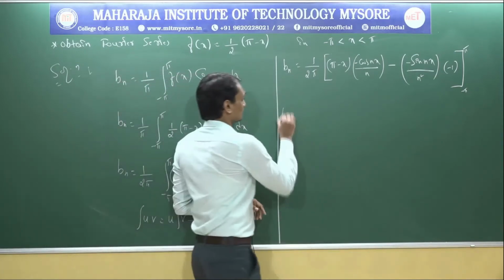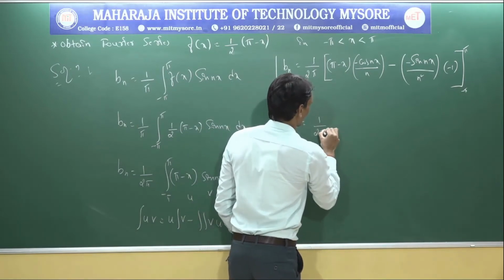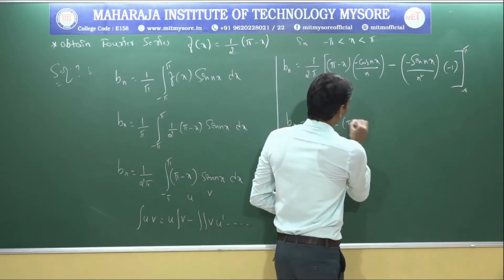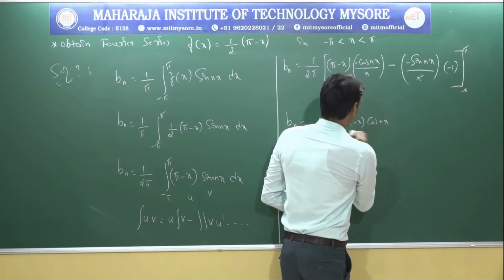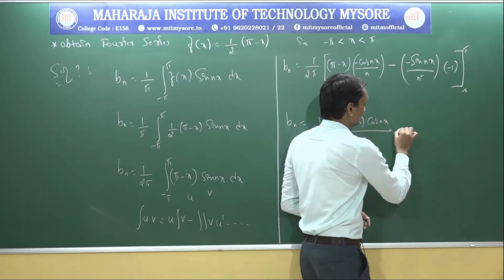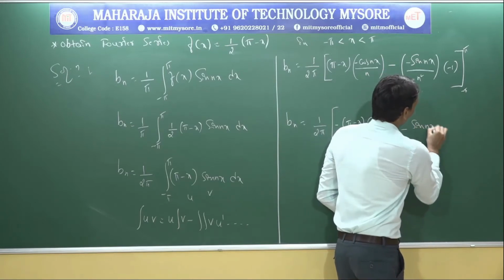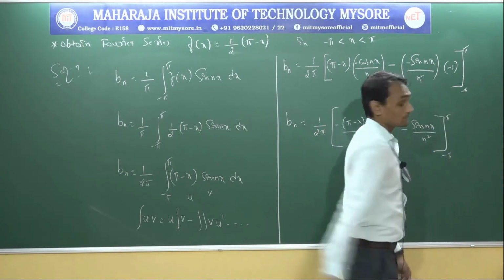Now let's go for the simplification. Minus outside, so minus of pi minus x into cos nx whole divided by n, minus into minus plus, plus into again minus sin nx by n square, minus pi to plus pi.